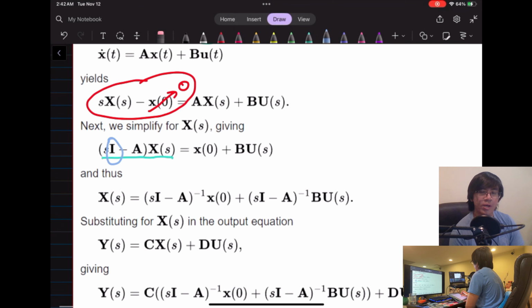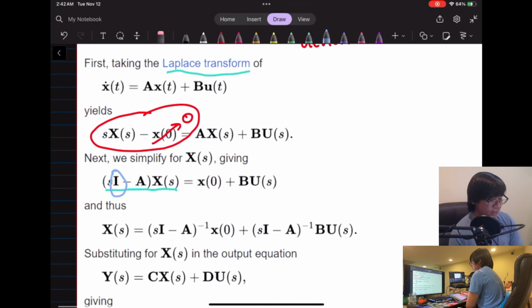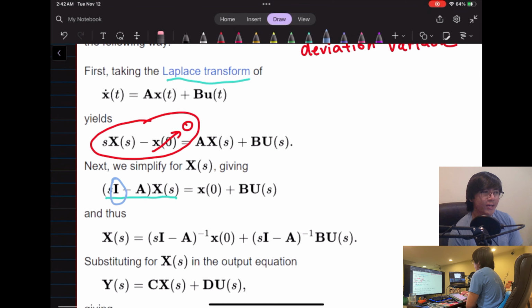That I term comes from the fact that since we're working with matrices, there's this idea of an identity matrix. In algebraic terms, it's essentially 1, but when we factor out a matrix from another matrix, we have to keep that one placeholder so that when we multiply it back in, it's still the same.